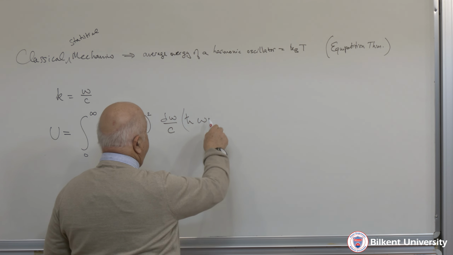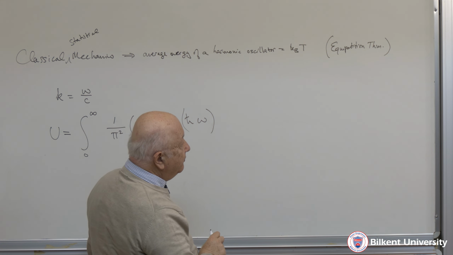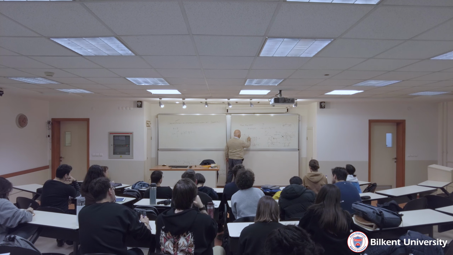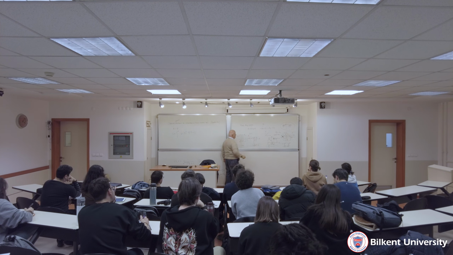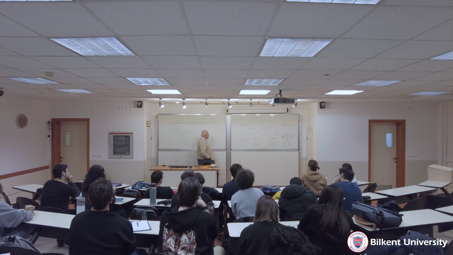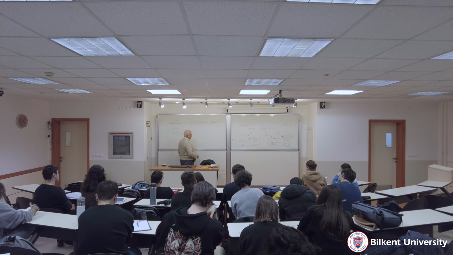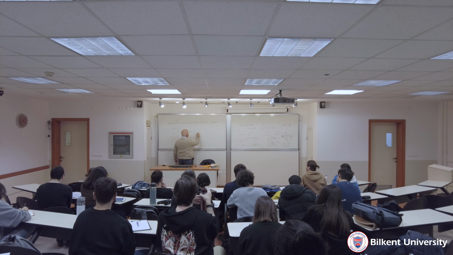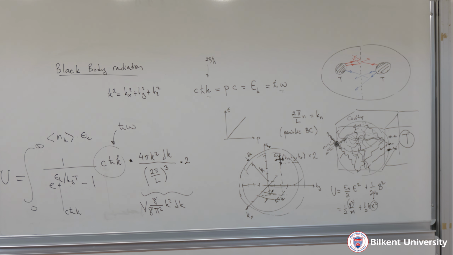So h bar omega is the energy, as we might expect. And then I have 1 over e to the h bar omega over kBT minus 1. So I think I got all the terms in.